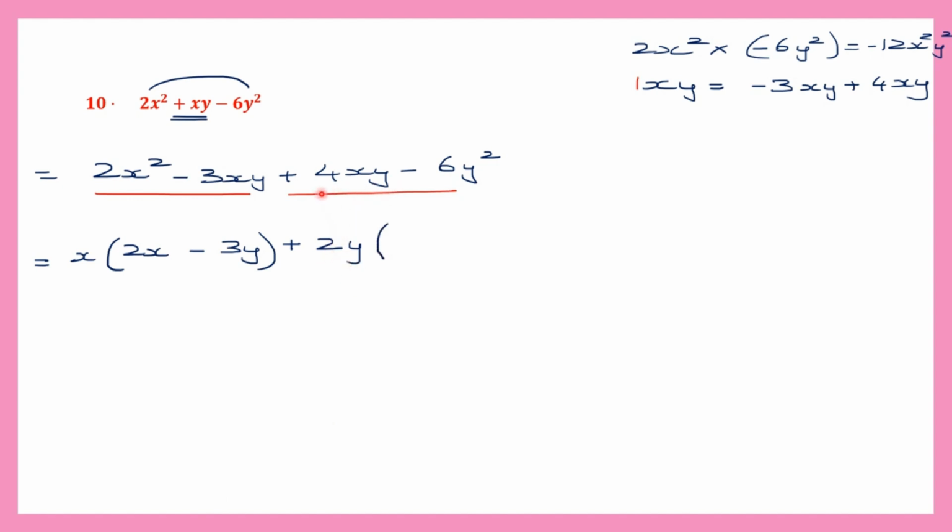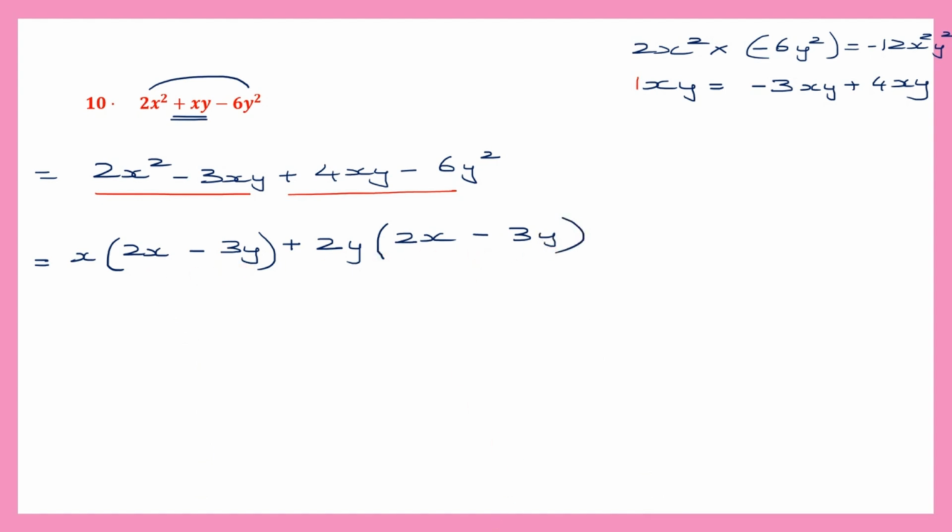So 2 into 2 is 4. So I can put two 2's here and there is an x. Then I go here minus. Now here I have 2. 2 into what is 6? 2 into 3 is 6. I have one y here. Here it is y square. So 1 is already here. So I just need to put one more y. So now can you see 2x minus 3y is there in both the brackets.